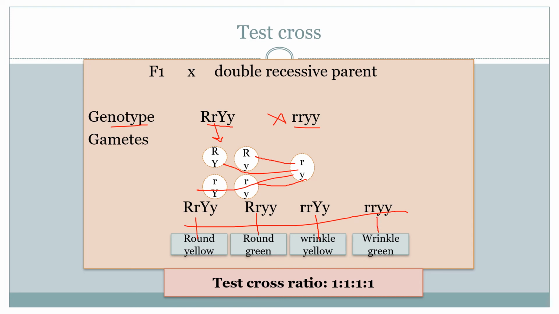So the test cross ratio was found to be 1:1:1:1. So this is the test cross ratio in case of the dihybrid cross.